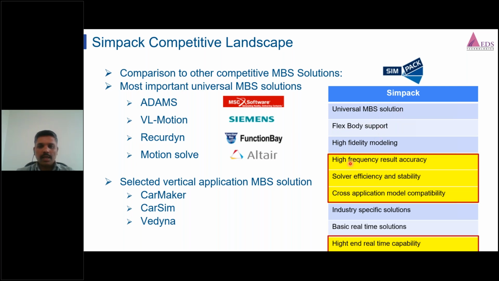Simpack is good at high frequency result accuracy, solver efficiency and stability, and cross application model compatibility. It is also stronger at high-end real-time capability than other competitors. In this area, highlighted here in yellow, Simpack is stronger than the other competitors.